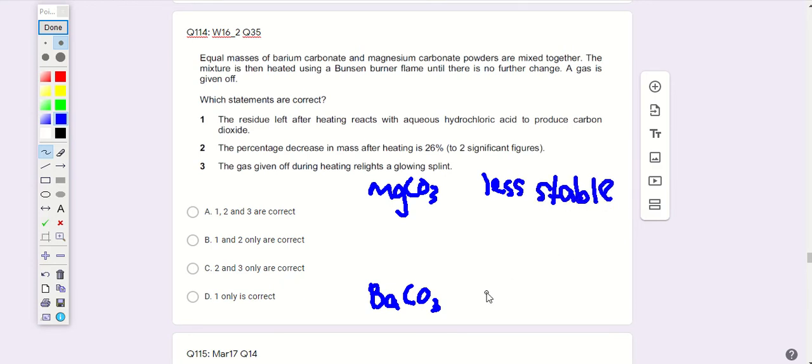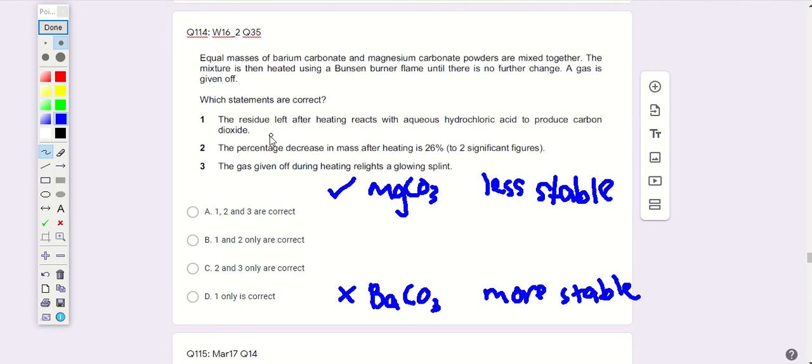Barium carbonate is more stable, needs more energy, only then can it decompose. So when you heat this mixture using a Bunsen burner flame, actually only magnesium carbonate is decomposed. This one did not decompose. So the CO2 given off is actually CO2 from magnesium carbonate, right?